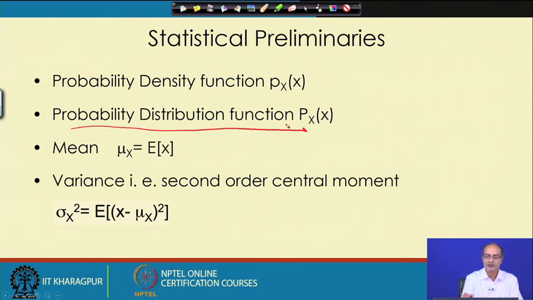I think in a way it is better to talk about probability mass function, because sometimes by probability distribution function people mean the cumulative probability distribution function, and the cumulative probability distribution function would be there for both continuous and discrete variables.